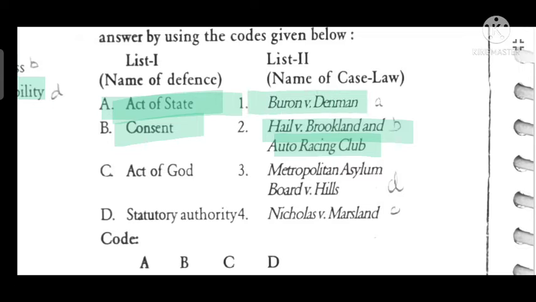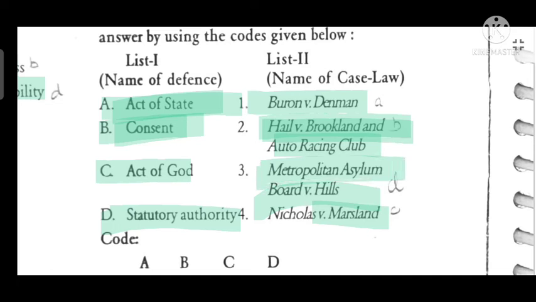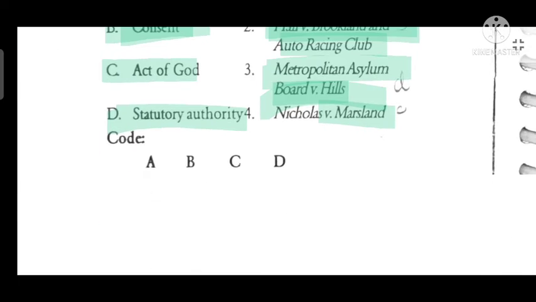Act of God, Brown versus Dawson, consent. Hall versus Brooklands Auto Racing Club. Act of God, Nichols versus Marsland. Statutory authority, Metropolitan Asylum Board versus Hill. First is Act of State, Bowden versus Denman.